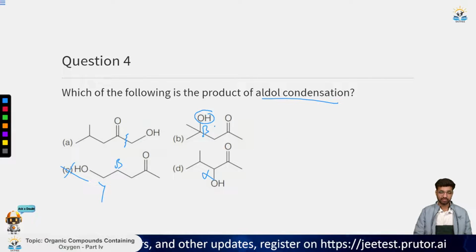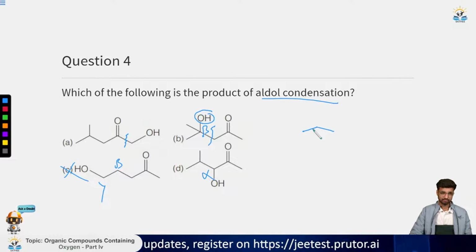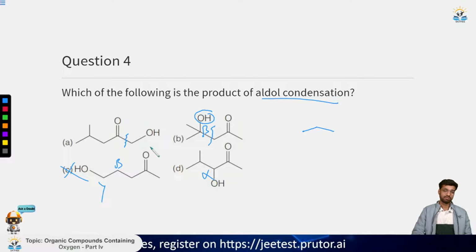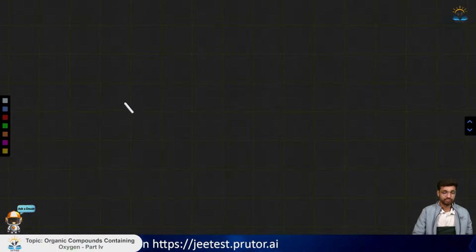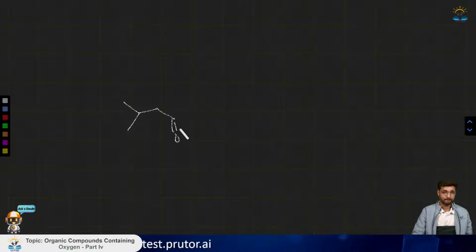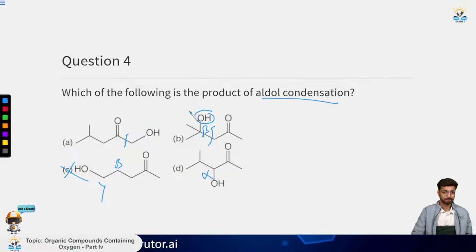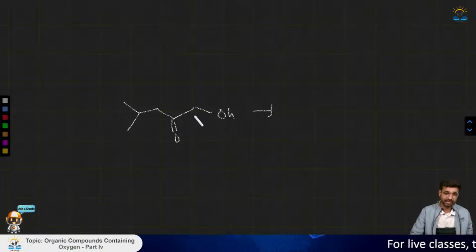So if we break this bond, and if we break this bond, let me do it for you. What is the possible reactant that we can have?